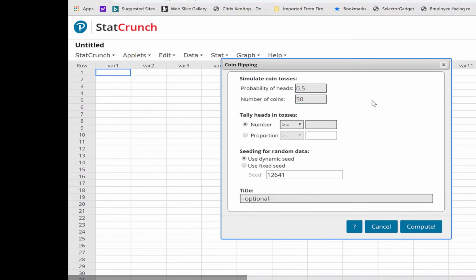It's important for you to understand each of those 50 coins represents a student. So I have 50 students, and I want to know how often I'm going to observe 29 or more heads. The 29 comes from the fact that I actually observed 29 students passing the course. I'll call this my intermediate algebra course.